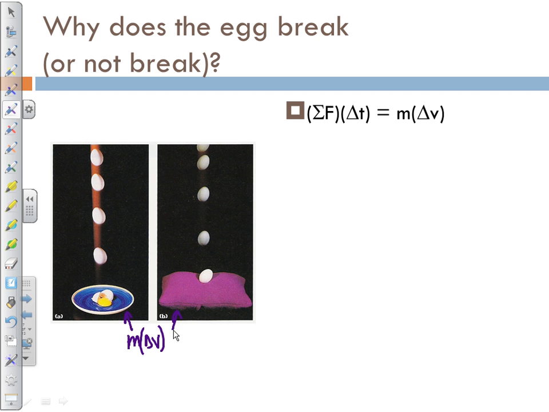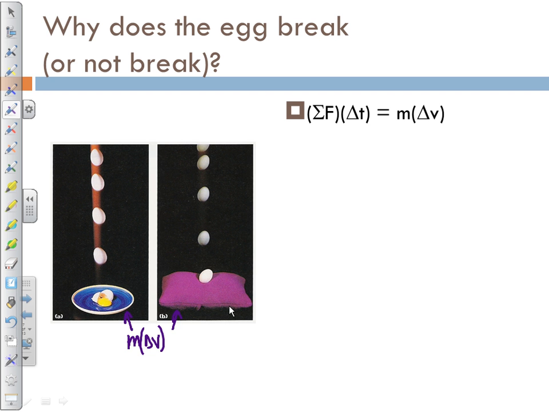All right. Two factors influence how we change the momentum. Those two factors being force and time. Right? So let's talk about the time. Here, landing in this nice cushy pillow. Relatively speaking, now if we talk about absolute time, it's not going to be that much.